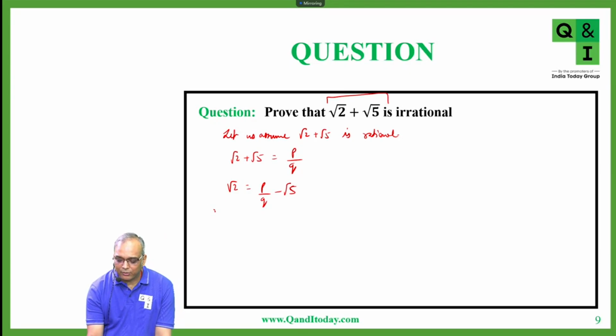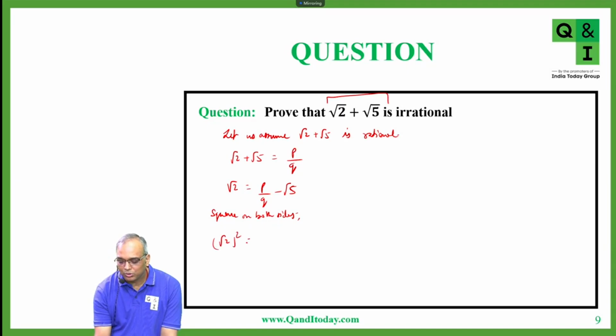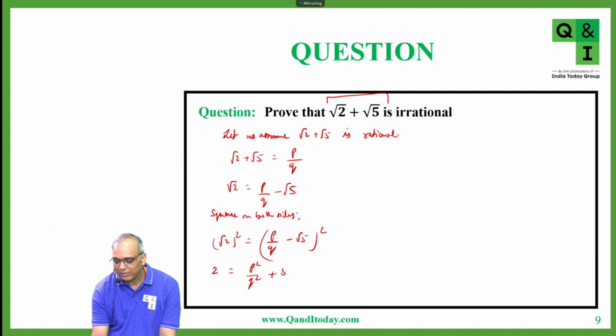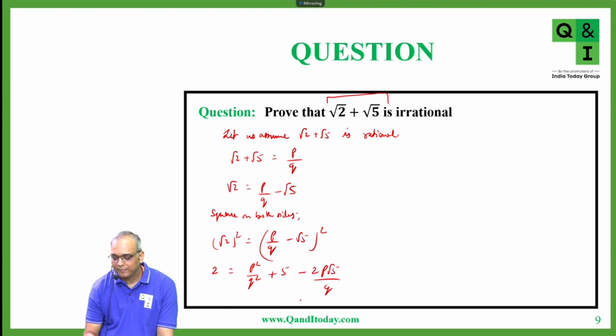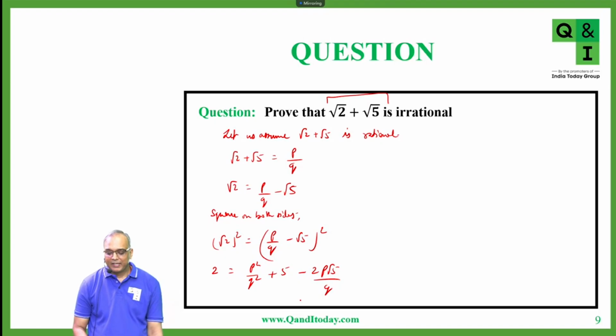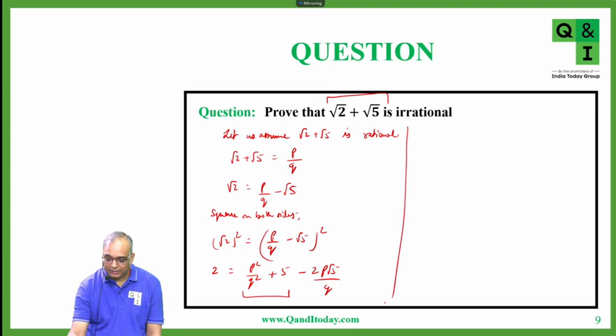After this, we will square on both sides. So we have root 2 whole square is equal to P by Q minus root 5 whole square. So this is 2 is equal to P square by Q square plus 5 minus 2P root 5 by Q. Now take all of this on the other side, or you bring 2 on this side and others on the left side.